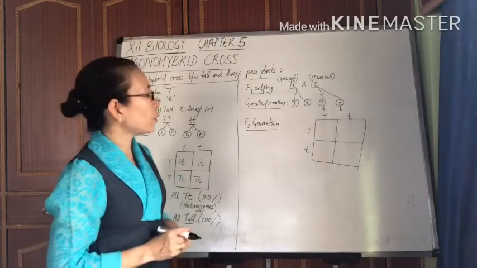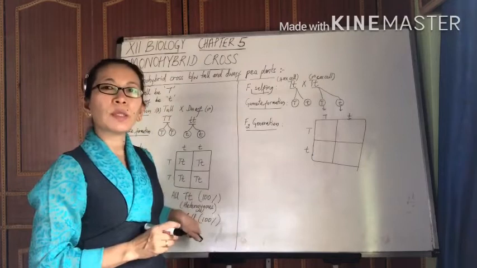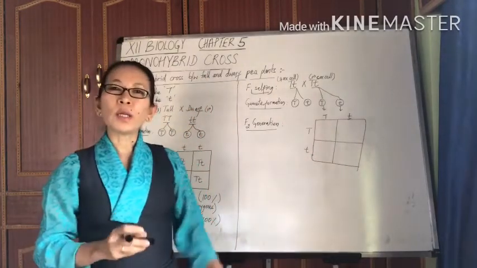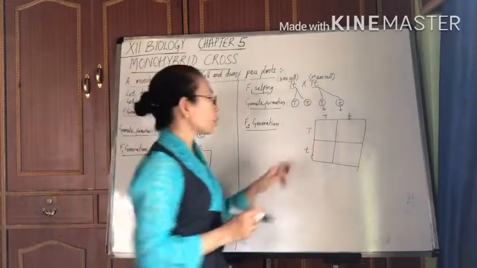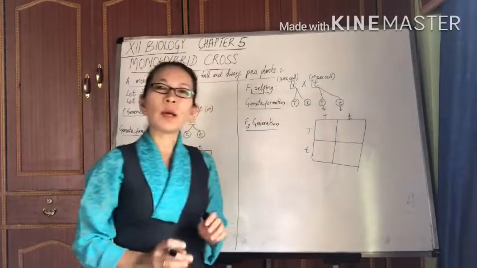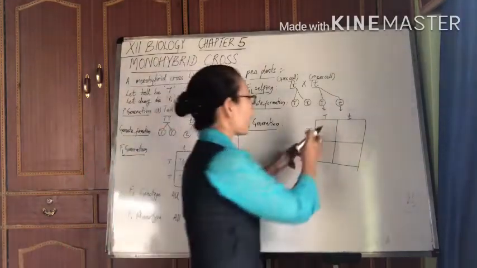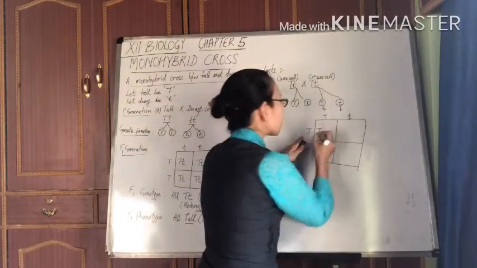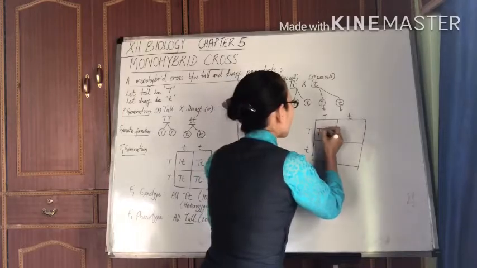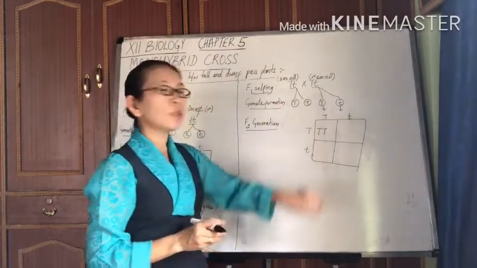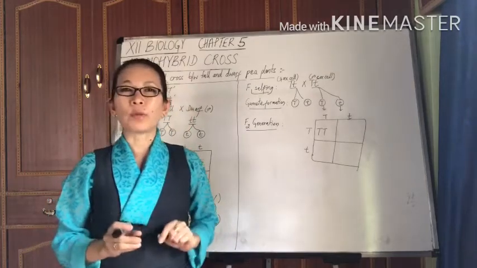And now what we need to do, as we did before, is make the combination for each of these boxes. The first box has a combination of the first female gamete and the first male gamete. Here the first female gamete has a capital T, the first male gamete has a capital T. So the genotype becomes capital T, capital T.